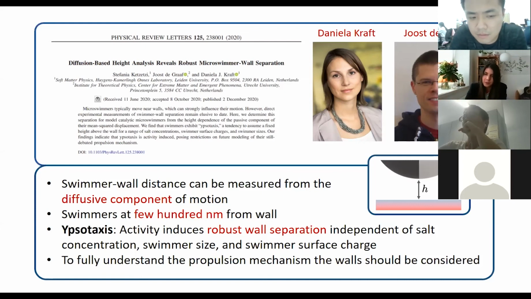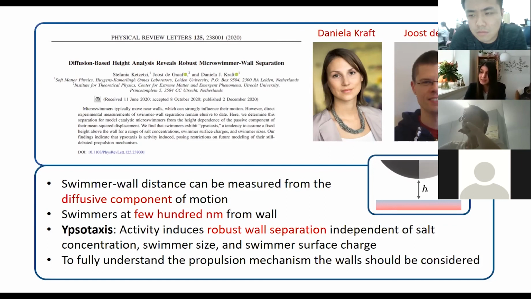And from what we have seen, as I said earlier, the electrostatics, in the sense that the zeta potential was not important in the experiment, and the buoyant component was not important either, led us to hypothesize, and we also seem to recover this from the additional measurements we performed, that this happens because it is activity induced.